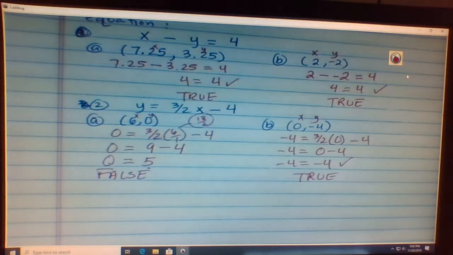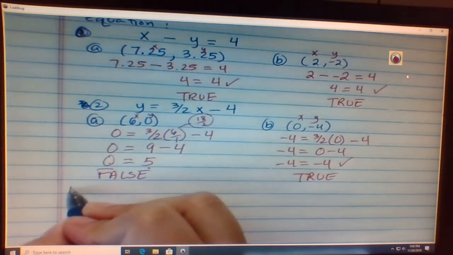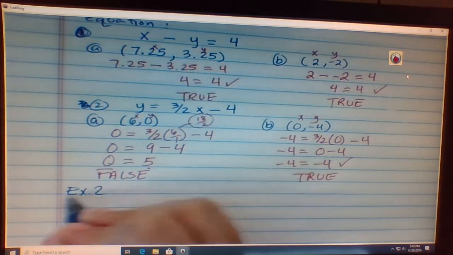No problem. Example number 2, really quick.